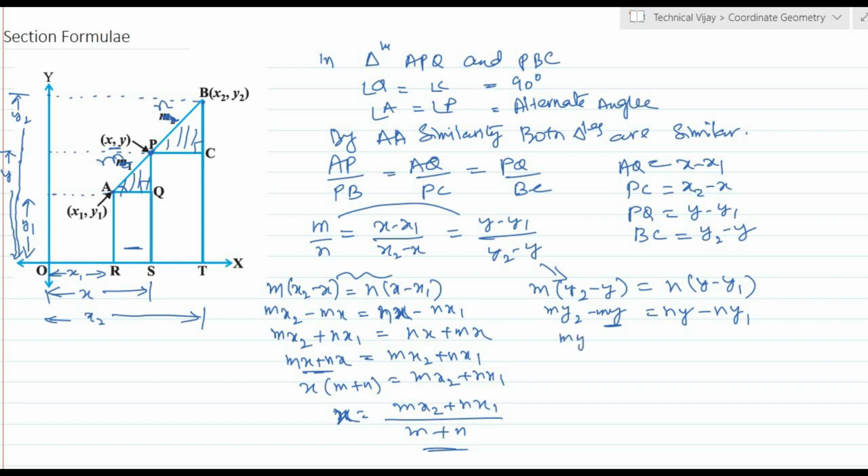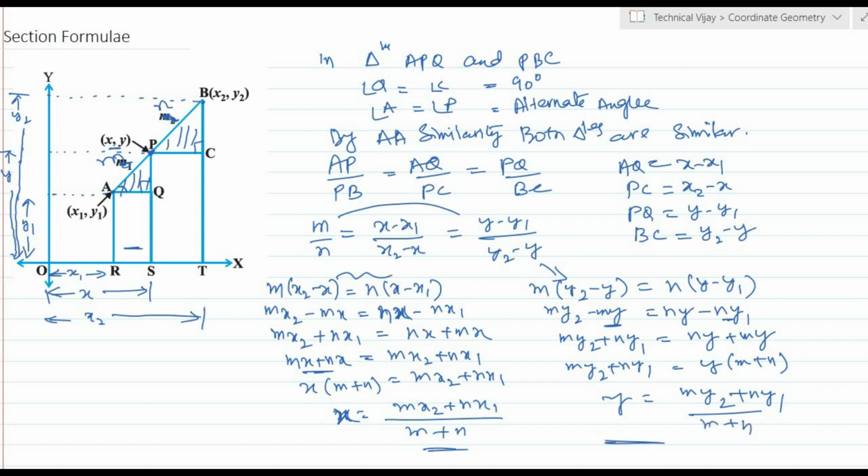So M into Y2 plus N into Y1 is equal to Ny plus My. So here Y into (M plus N) is equal to My2 plus Ny1. So here Y is equal to (M into Y2 plus N into Y1) divided by (M plus N).